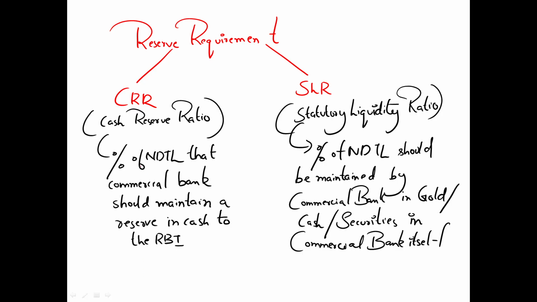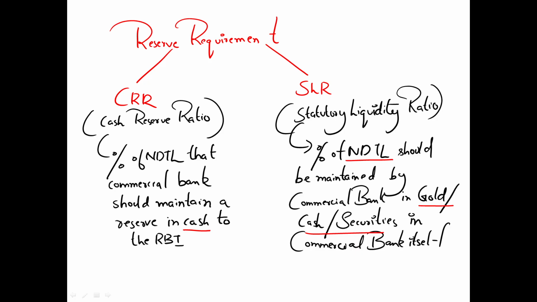I hope you understood this. Among the total net demand and time liability, the commercial bank needs to maintain a certain percentage in cash, and a certain percentage in gold, cash or securities. So this is what the cash reserve ratio and the statutory liquidity ratio are all about.